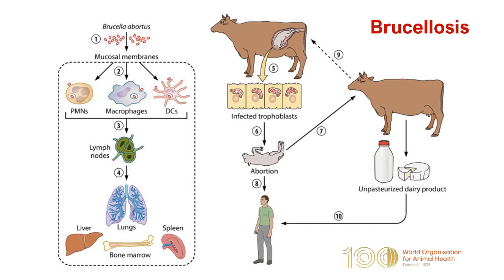In rare cases, if you're a farm worker, you could inhale the aerosol particles carrying the bacteria while you're at the barn, and subsequently catch the disease. The infection ends up causing fever, headaches, back pains, and physical weaknesses. Because people can catch the disease from animals, we call it a zoonotic disease.